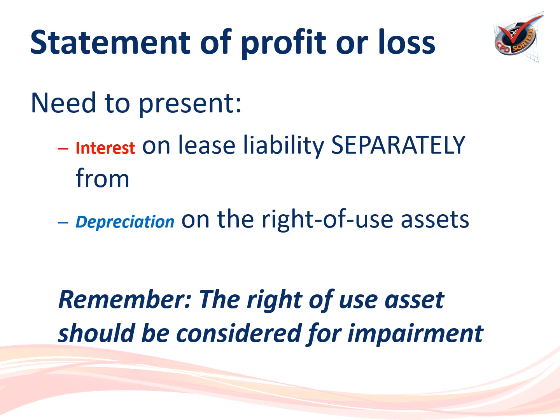From the statement of profit and loss, they would also need to present the interest on the lease liability separately from the depreciation on the right of use assets. So those two items would need to be adequately reflected and the auditor has to have verified the amounts that are disclosed, and then where relevant, an impairment may also need to be considered.